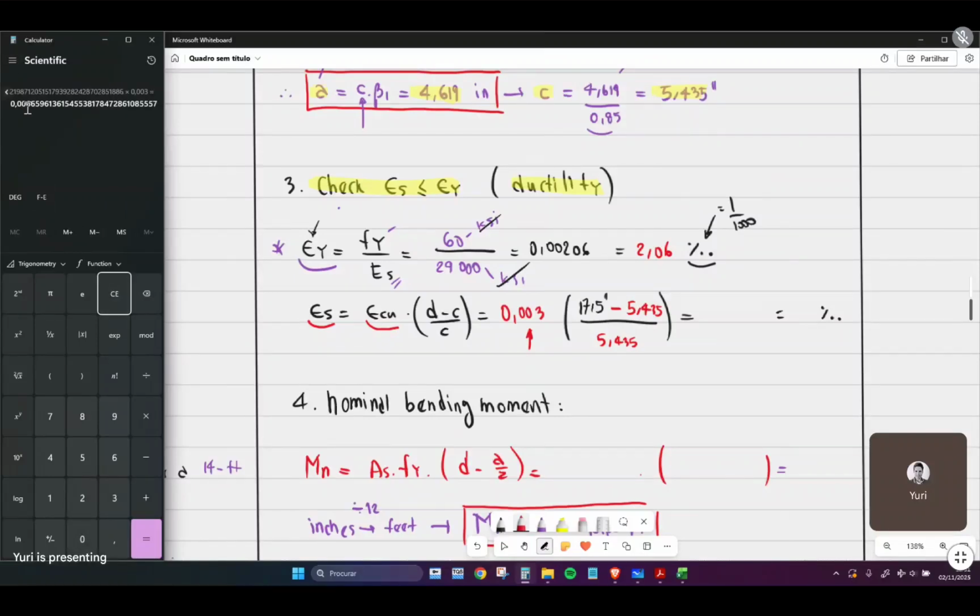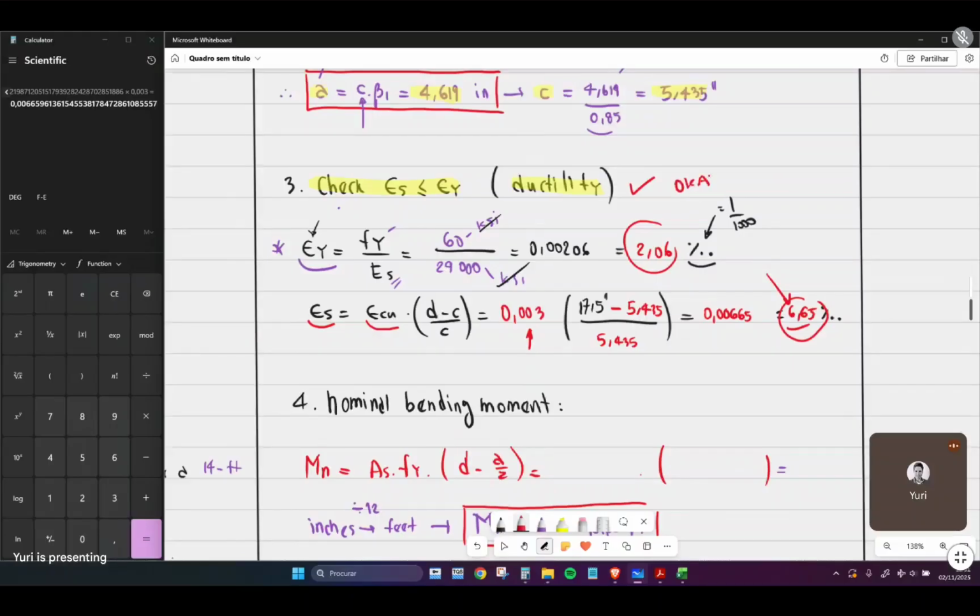All right, 0.00665, which is around 6.65 per 1,000. So this is bigger than the yielding strain. That means that this is true. So the reinforcement will yield. So it's okay.